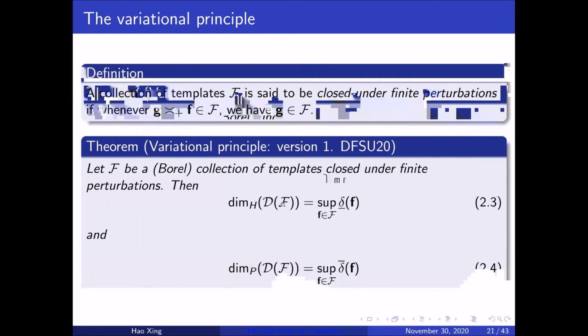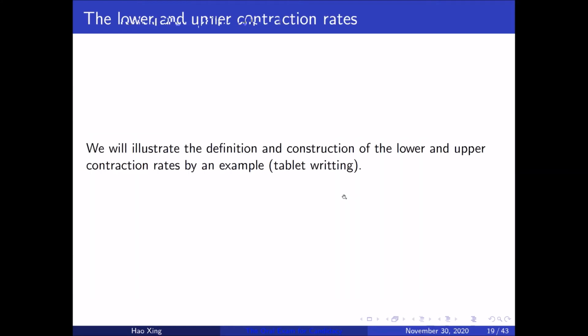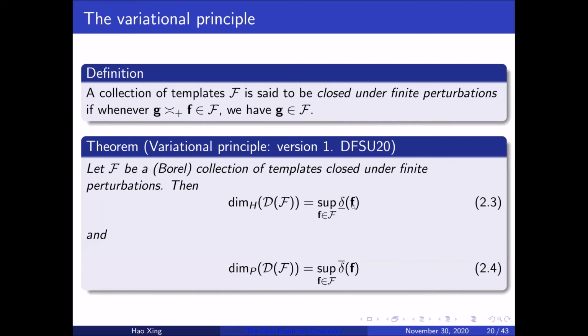The Hausdorff dimension of the set is given by the supremum of lower contraction rates of the templates in F. And likewise, the packing dimension of the set of matrices here is given by the supremum of the upper contraction rates of the templates in F, as we just introduced.